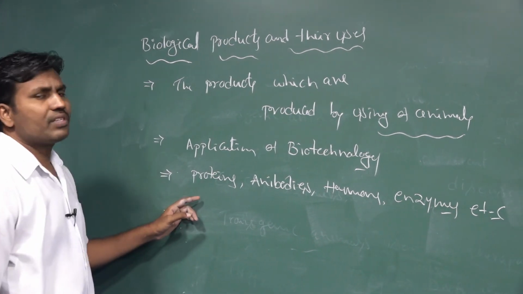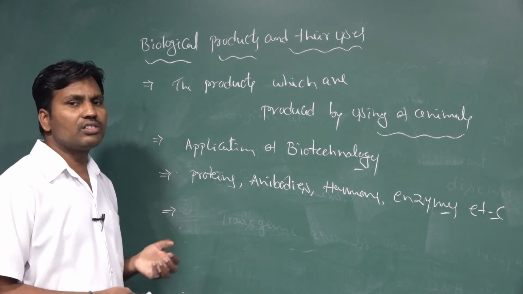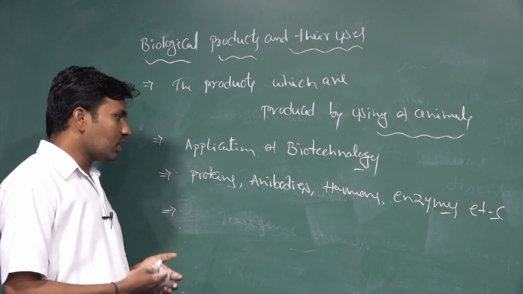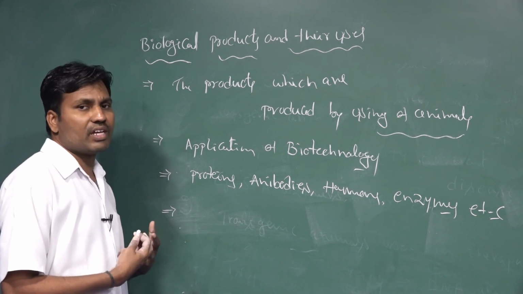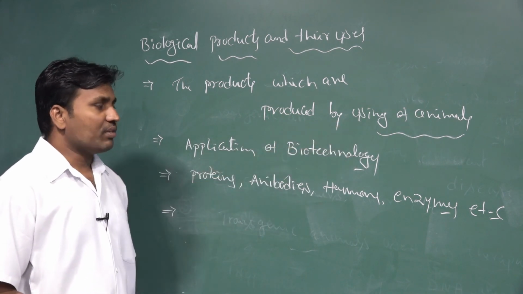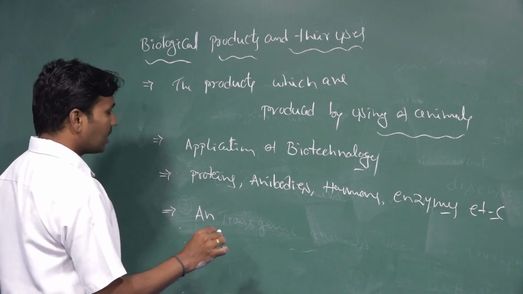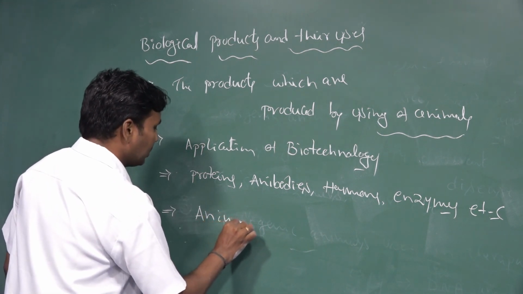Generally, different types of products are produced by industrial application. Why are we using animals here? Animals act as bioreactors in this process of biological production.